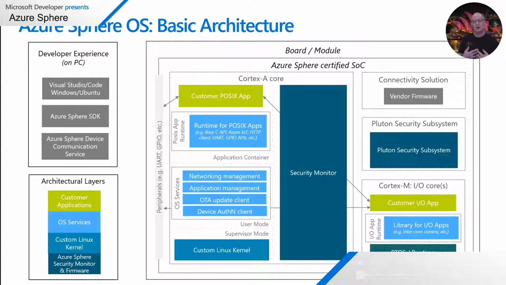There are a number of operating system services running on that same core: authentication services, over-the-air update services, application management services, and network management. On top of that, I can build a POSIX application that will run as a high-level application.